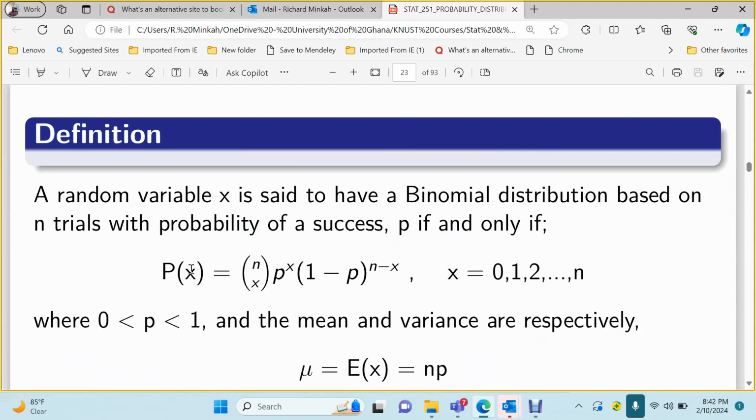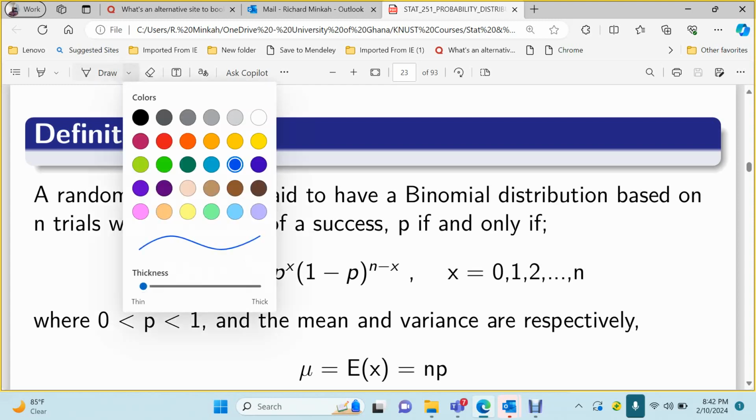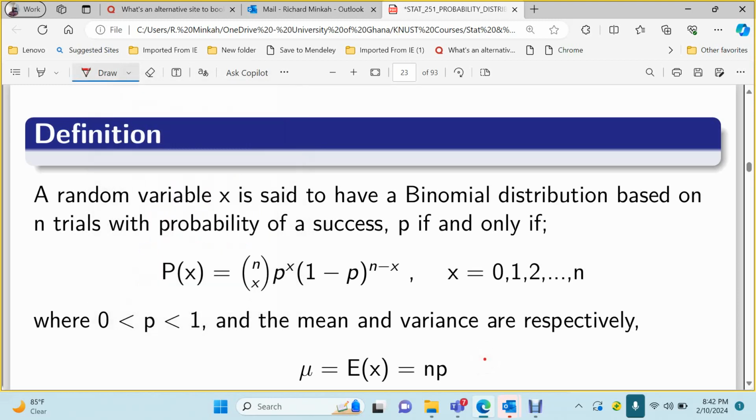Now, the binomial distribution probability is this. There is a typo here, so we need to correct it. From what we have done, you should know that this is wrong, right? Who can tell us why this is wrong?